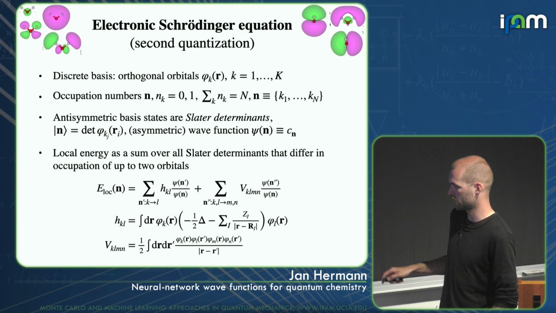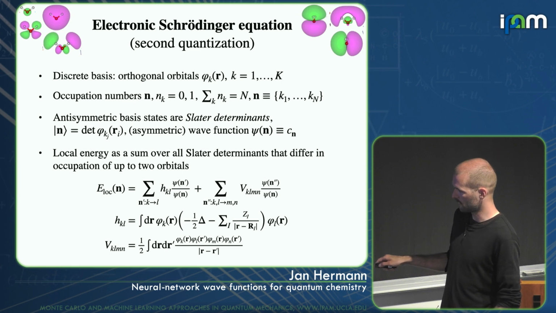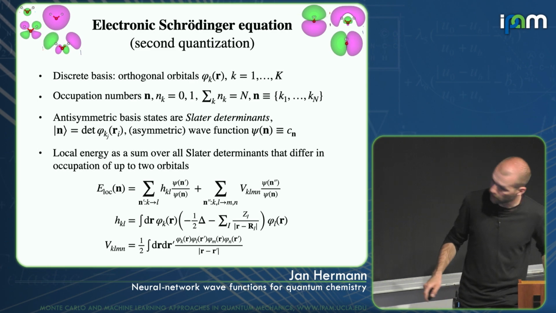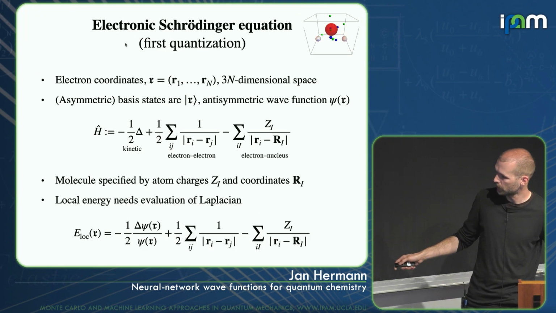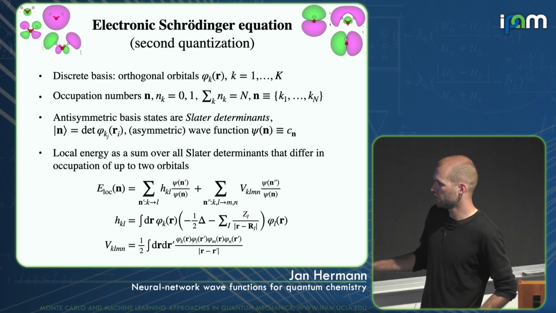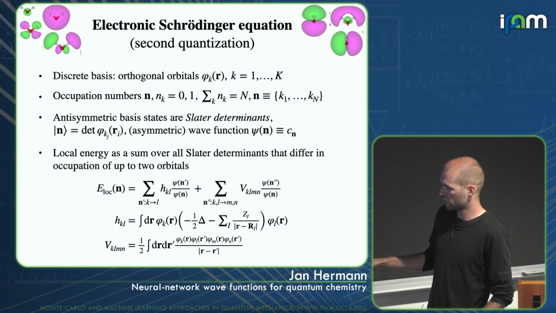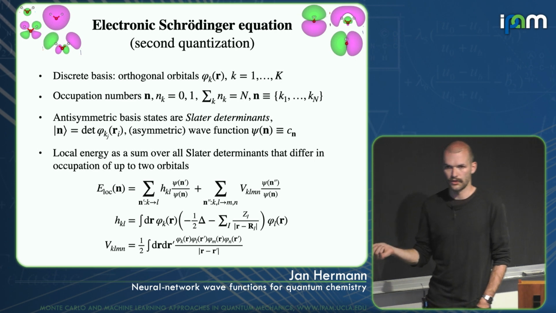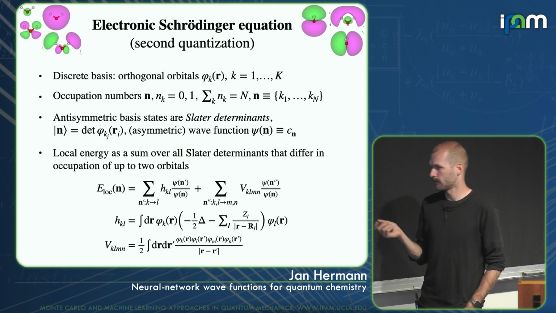Two excitations. And these are some integrals from the ab initio Hamiltonian, integrals over the orbitals. So you can pre-calculate these and just store them, and then you just have to do these sums when you evaluate the local energy. And this is what Giuseppe Carlo talked about yesterday.